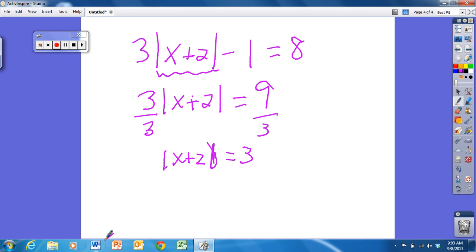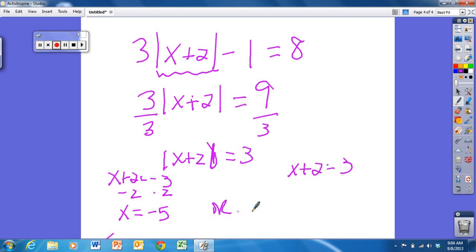So either x plus 2 equals negative 3, or x plus 2 equals 3. So minus 2 from both sides, x equals negative 5, or x equals 1.